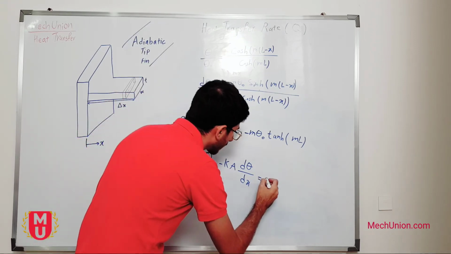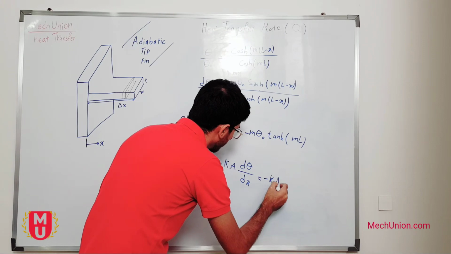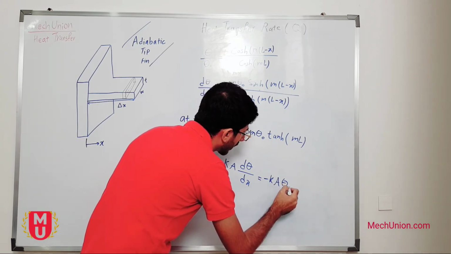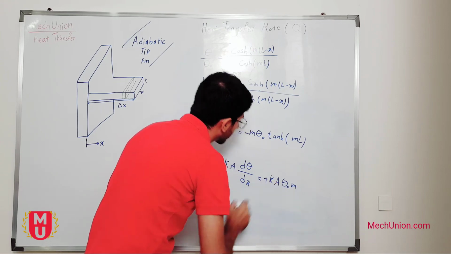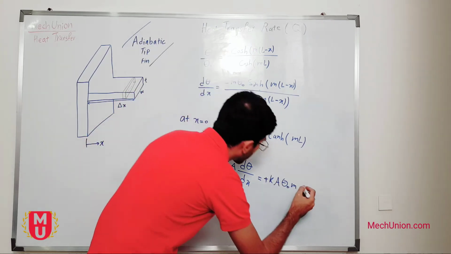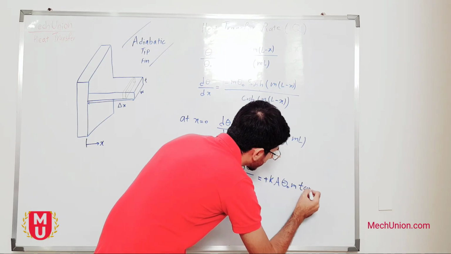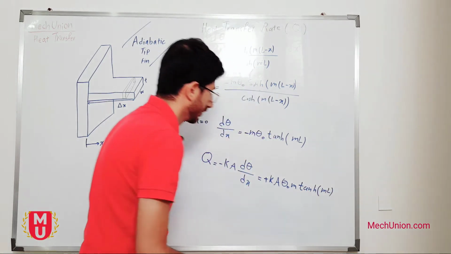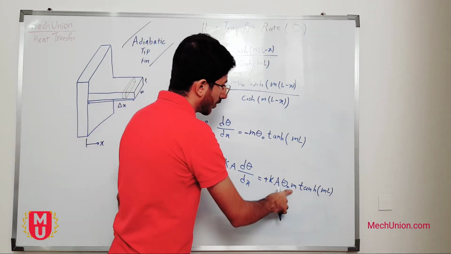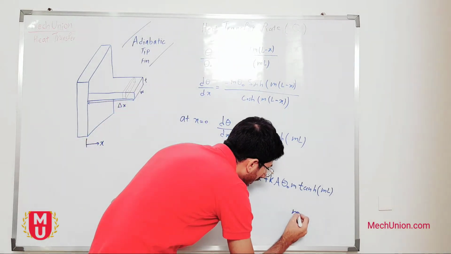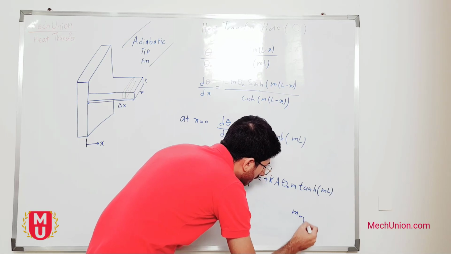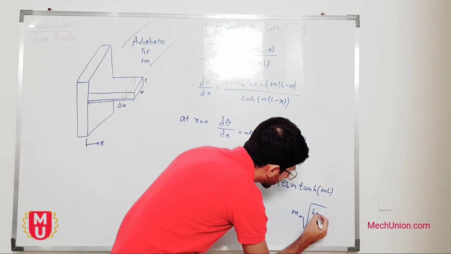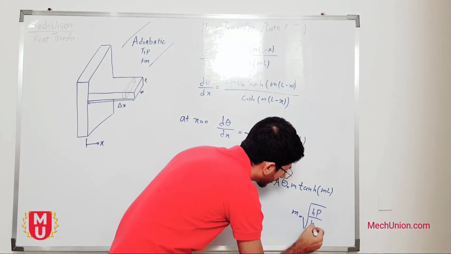And then by substitution, Ka theta naught times m, this becomes plus m hyperbolic tangent of mL, and we open up the m, which was square root of hP over Ka.